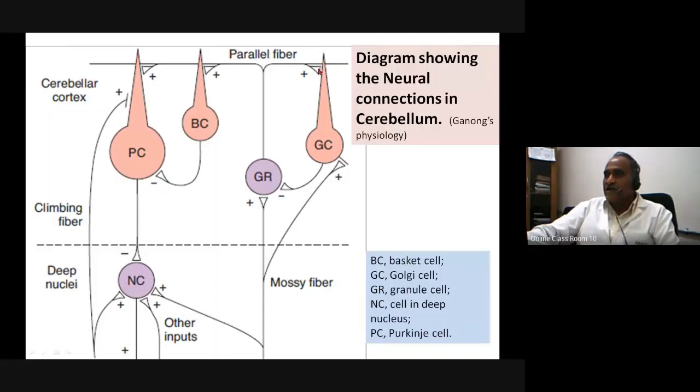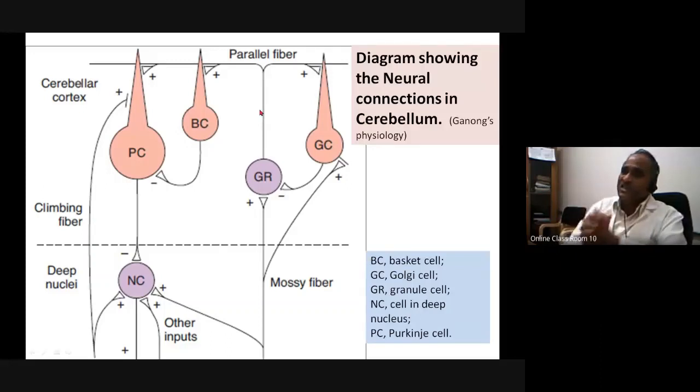So these are dendritic, axodendritic. This is axosomatic, and this is axosomatic. So like that, I have just taken examples, but in the Purkinje cells, the basket cells and the stellate cells, they may have dendritic connections also.